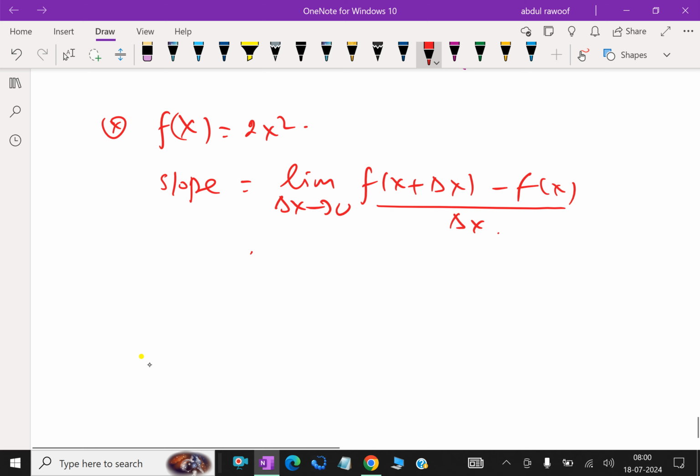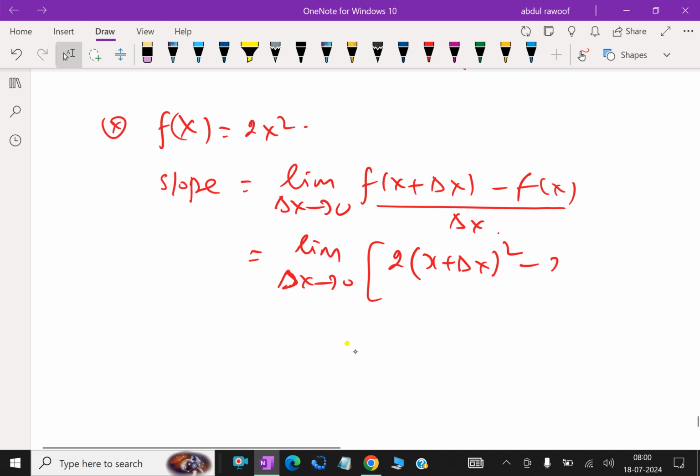Here the function is f of x equal to 2x squared. Therefore, the limit as delta x tends to 0 of 2 times (x plus delta x) squared minus 2x squared over delta x. That means the function x gets an increment of delta x, and we subtract the original function. This is the definition of slope.